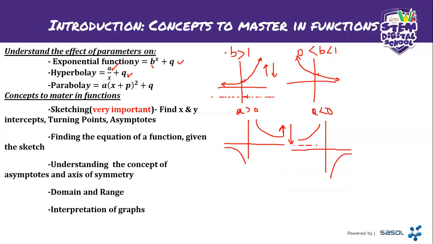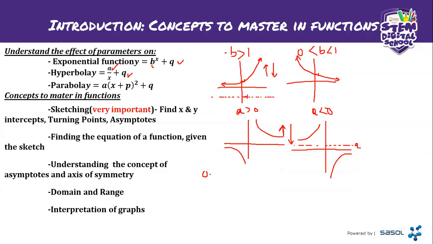So if, for instance, Q is -2, then you are going to see a line which is moving horizontal that cuts the y-axis at -2, and it will be shown with broken lines to show that that is the asymptote. And then we come to the parabola, value of A.